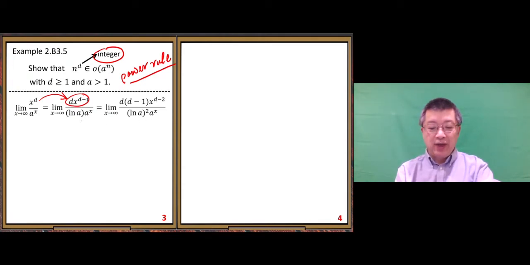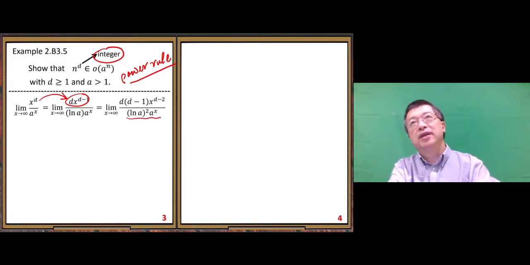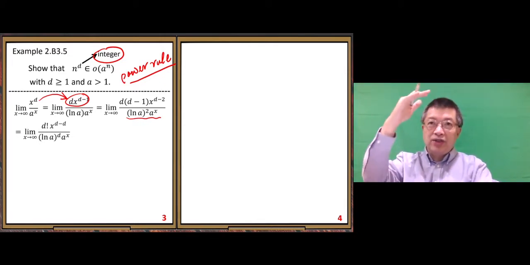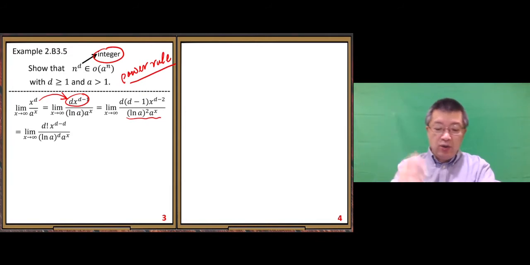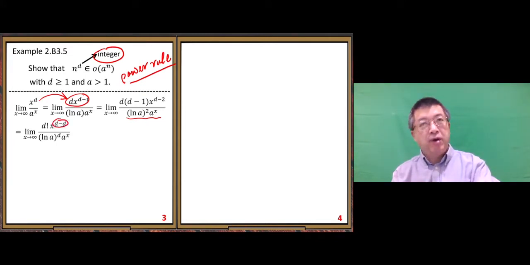The derivative of the denominator, the derivative of the exponential function, another time. Here we use the calculus formula. Two calculus formulas here. Then we keep doing this L'Hopital's rule until the exponent of the power function reaches 0.